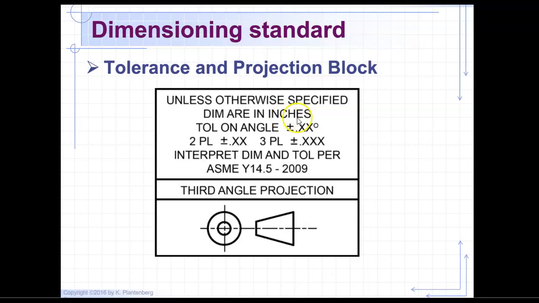So here is the tolerance and projection block. This is important to know. Most of the time, these are part of the actual title block by the company, and the company puts their standard tolerances, or what I typically call an implied tolerance. Notice there's a 2-place plus or minus, a 3-place plus or minus, and a tolerance on angles, and it's specifically telling the print reader what standard they're using.